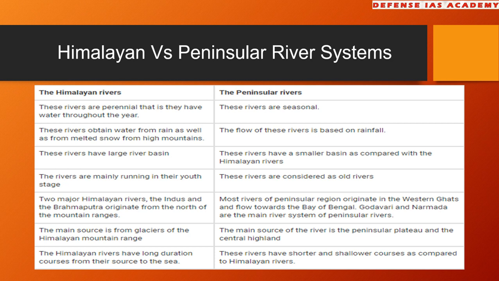The main source of these rivers is the Peninsula Plateau and the Central Highland. The rivers have shorter and shallower courses as compared to the Himalayan rivers, meaning the distance they cover is very less.